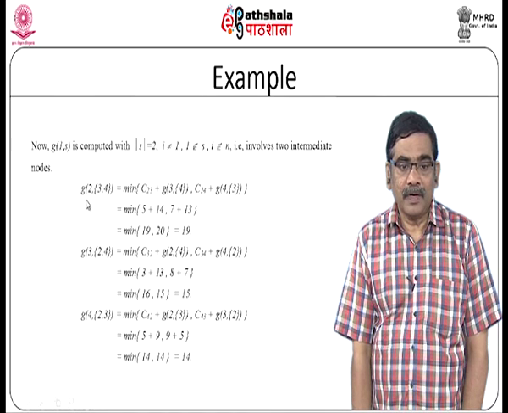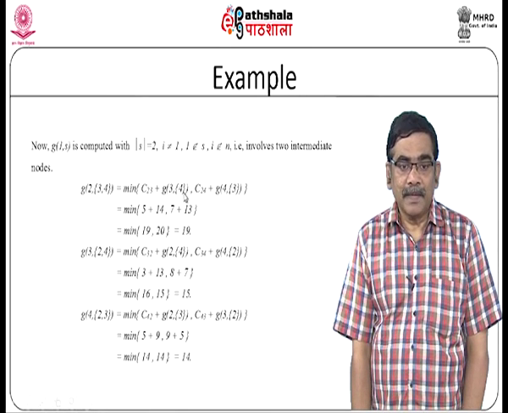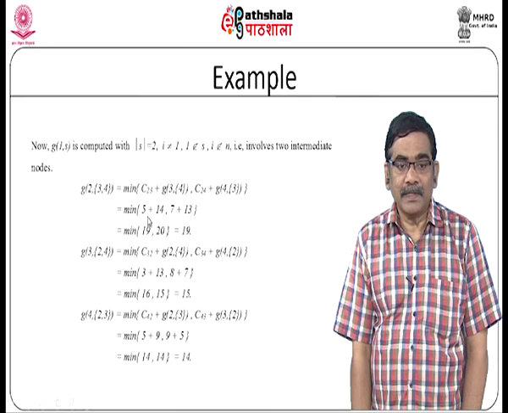g of 2 comma 3 comma 4 is nothing but the cost of going from 2 to 3 and the cost of starting from 3 and going via 4. So, you can see very well c 2 3 is going to be 5, and this we have already computed in the earlier iteration.